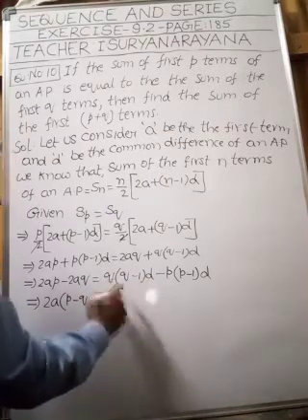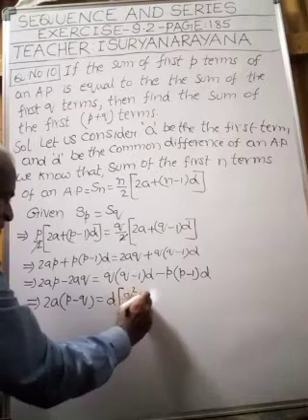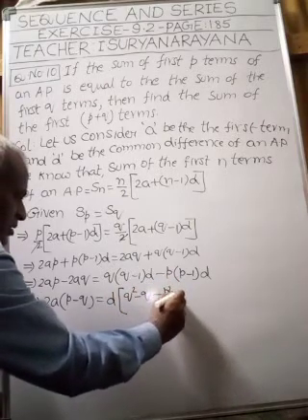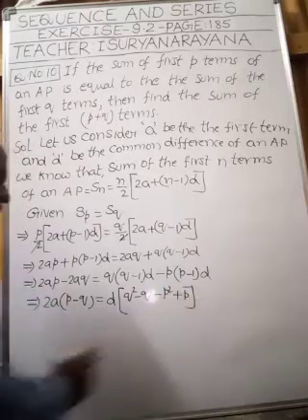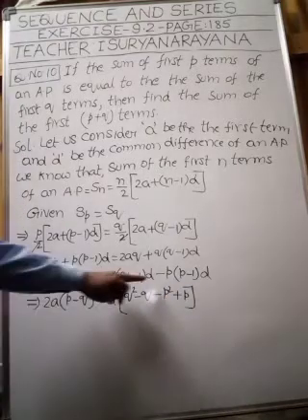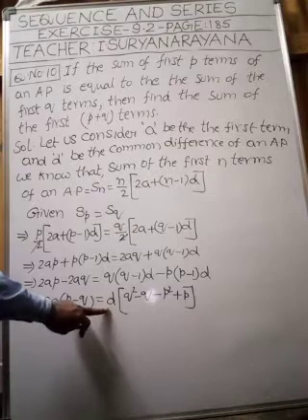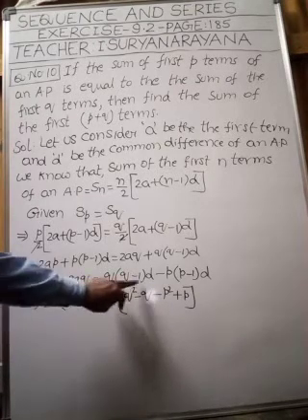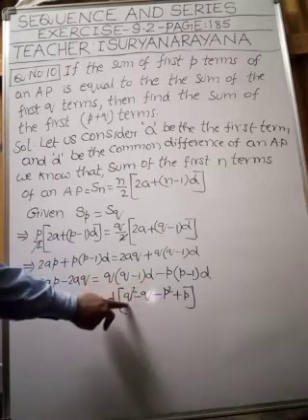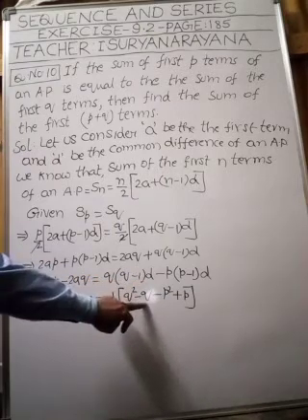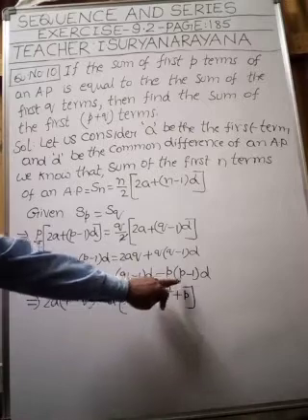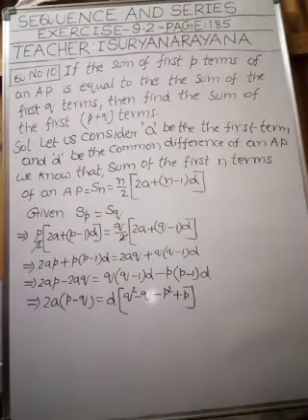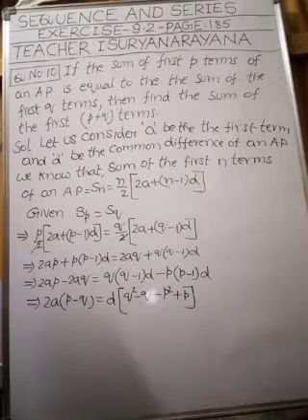I am writing directly q square minus q minus p square plus p. Okay, my children. After taking the common factor out, we get q into q minus 1. I used the distributive property, then we get these two terms. After that, multiply these two, minus p square plus p. Understood this point, my children?